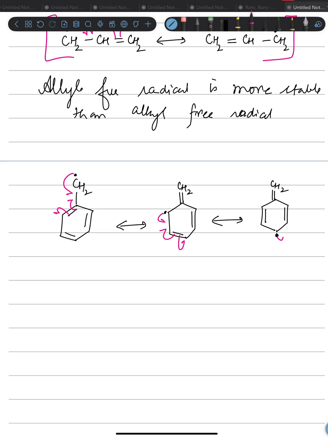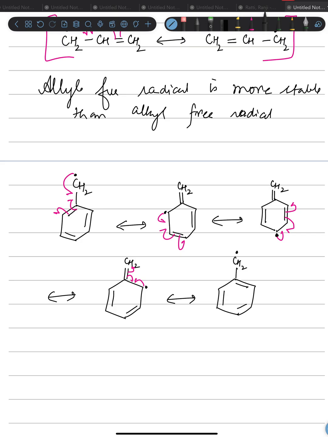Now, on similar lines, we would have odd electron there, and we'll have CH2, a double bond, and similarly half-headed arrow, and we'll get the other Kekulé structure, which has a double bond, and CH2.